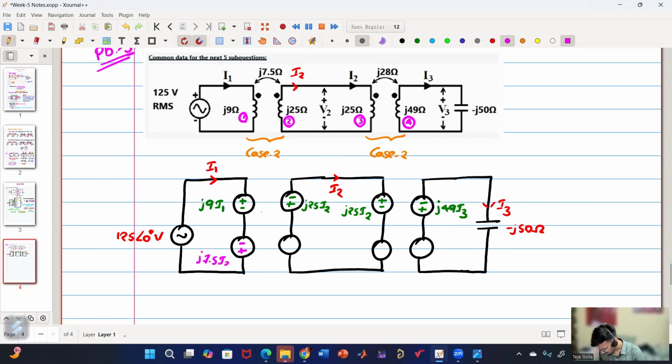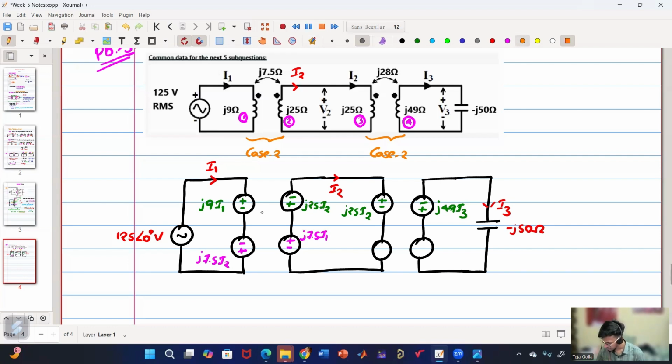Very good. For coil 2, plus on the top or bottom? Plus on top, because it is the opposite. And value? j7.5 I1. Yes, very good.